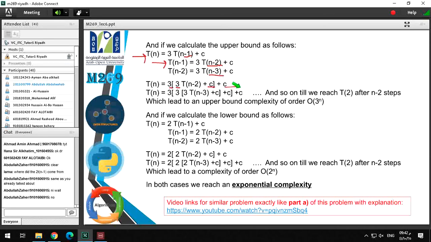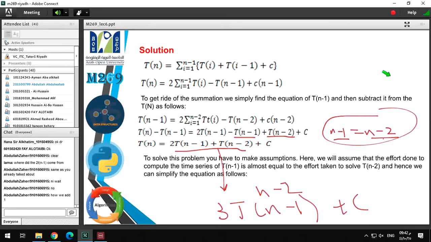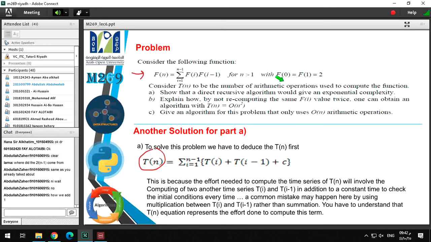If you continue doing this for multiple n's, you will reach 3 multiplied by 3 of t(n-3) plus c plus c plus c, and so on until you reach the stopping condition, which is t2. And the last one is t2, because after t2 you will reach t1 and t0, as you can see here in this function, 0 and 1.